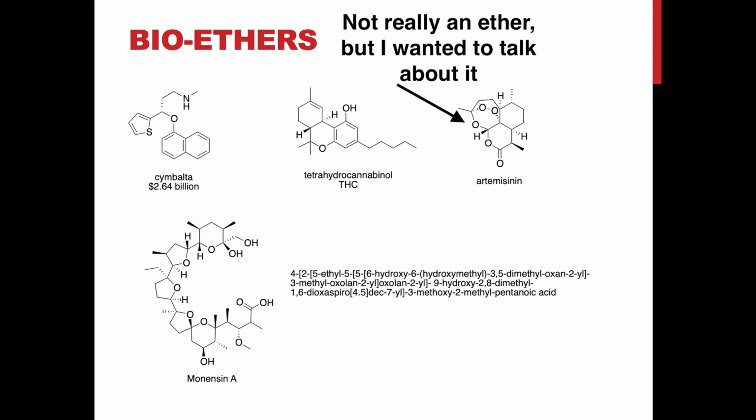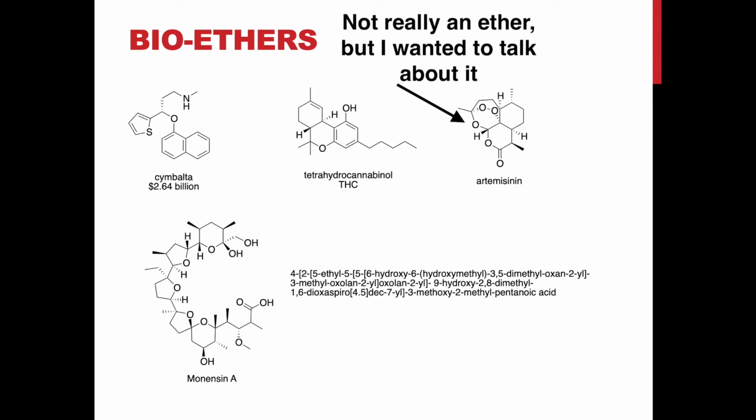This is artemisinin. This is an anti-malarial. It's one of the few anti-malarials that's been discovered in the last 20 or 30 years. It had been a folk remedy for years. One of those like, hey, chew on this root and you'll feel better kind of deals. And they went in and they isolated this molecule.